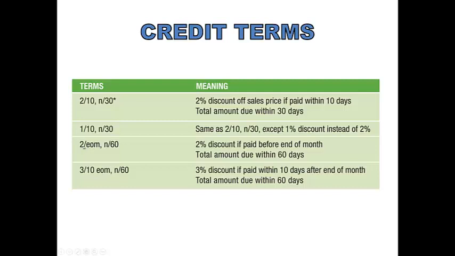You get a 2% discount if you pay by the end of the month. Otherwise, the net amount's due in 60 days. And then we've got 310 EOM. And that just means you get a 3% discount if it's paid within 10 days after the end of the month. Otherwise, the total net amount is due in 60 days.